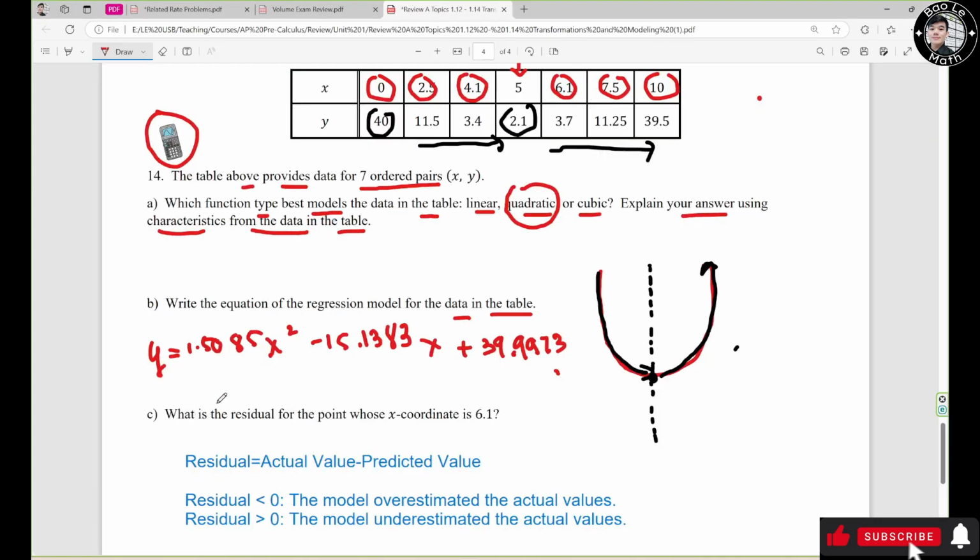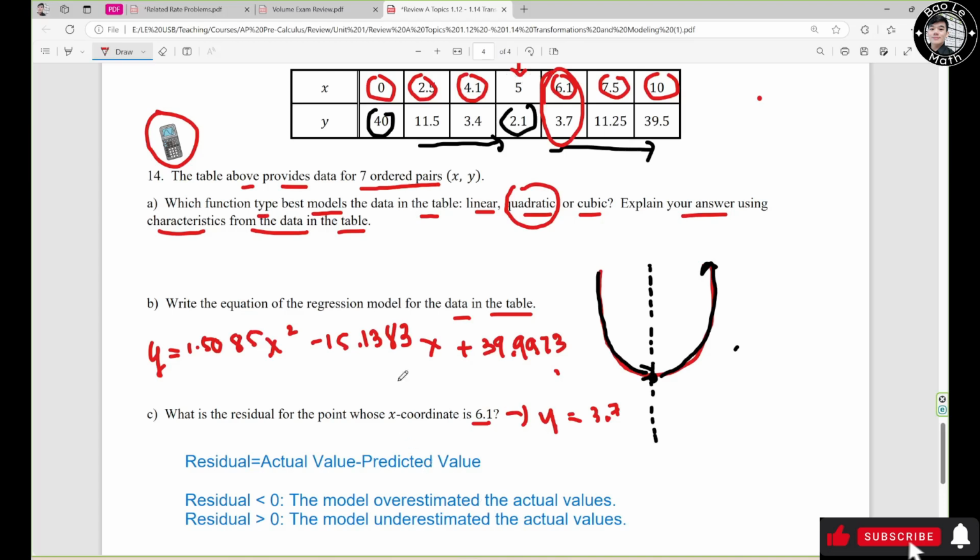What is the residual for the point whose x coordinate is 6.1? Alright, so x coordinate 6.1, which means this one right here. y equals 3.7, right? Now we have the formula. Residual is the actual value subtract the predicted value. Alright, the actual value is the one given in the table.